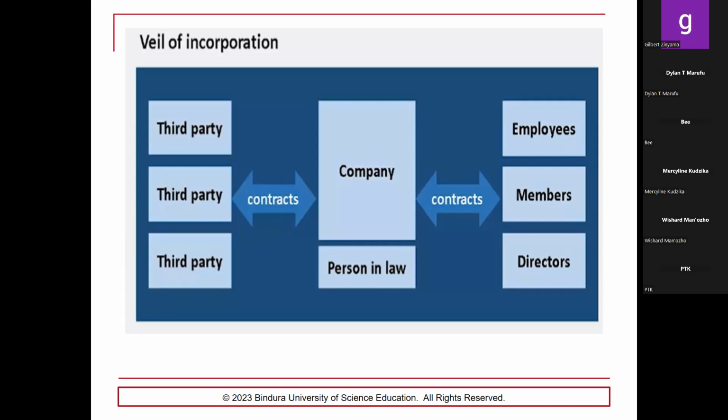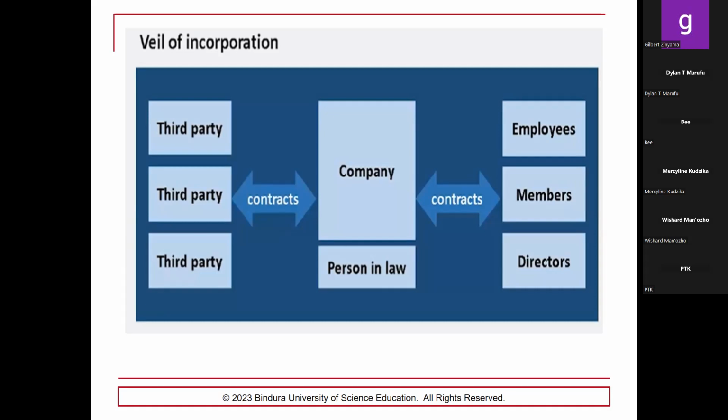It can have contracts of employment with employees. It can enter into contracts with the members or owners of the business, where the company as a legal persona enters into contracts with shareholders. It can hire directors and enter into contracts with directors or any other third-party suppliers, bankers, etc., which means the company in itself becomes a legal persona considered to be the same at law as an individual or a person.